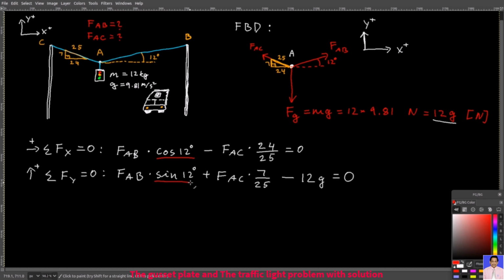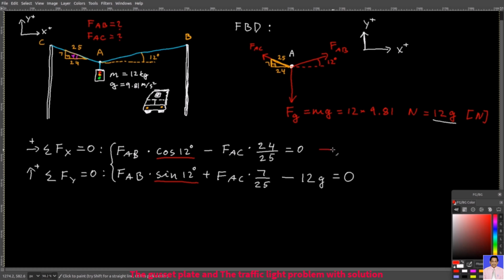So with sine 12 degrees, you obtain the vertical component of FAB, and then with this ratio, you obtain the vertical component of FAC. Again, if you had an angle psi, then this would be sine psi. And so, you have two equations and two unknowns, FAB and FAC.